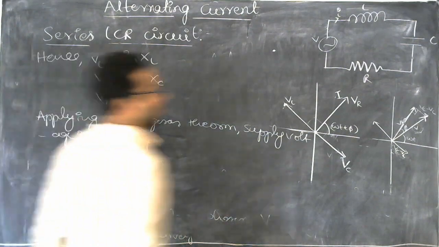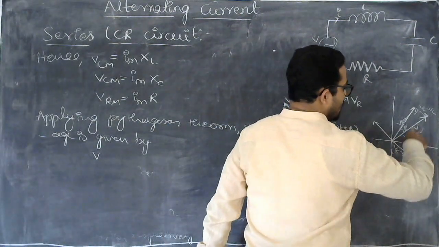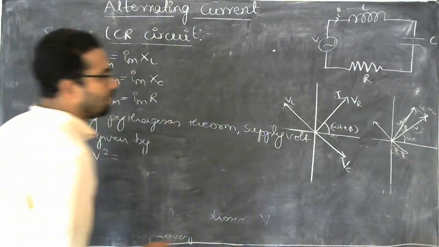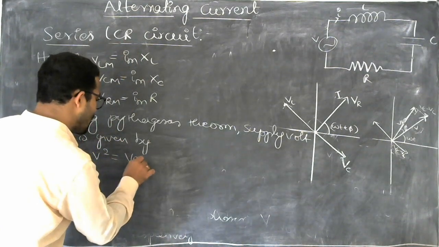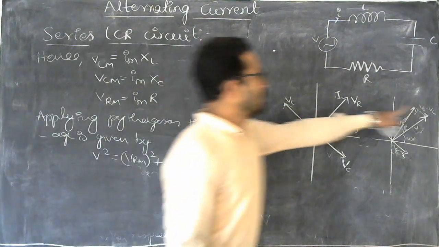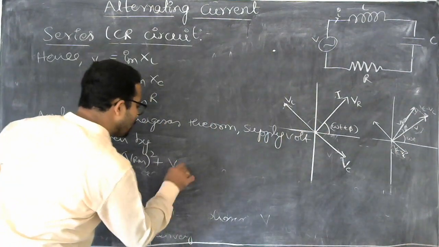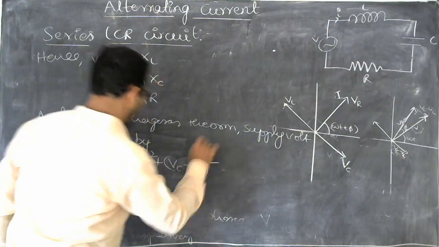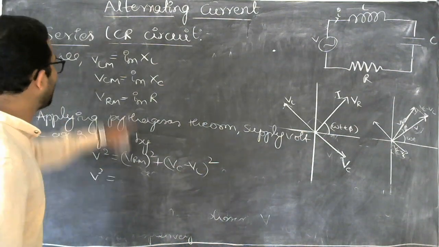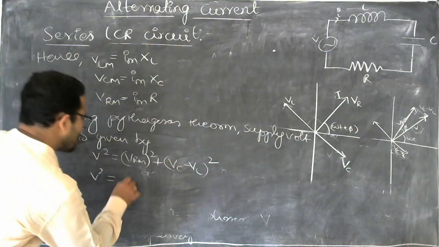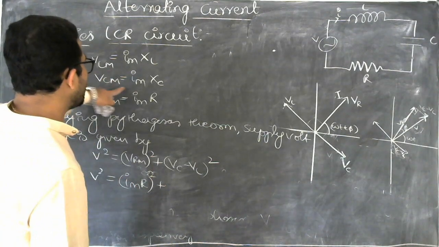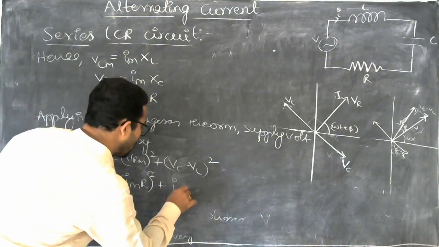What is our resultant here? That is V. The hypotenuse side is V. So V square, the supply voltage, is equal to VRM whole square plus VC minus VL whole square. Now let's substitute the values here. We know VRM means IM into R. So IM into R whole square plus, VCM means it is IM into XC.